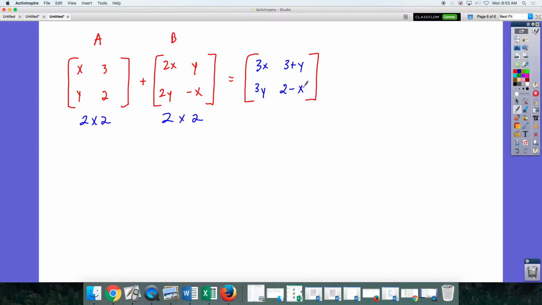Do not write 2 plus negative x. Okay, don't do that. That's 2 minus x. All right, it's 2 minus x. And that's as difficult as these problems can get. That right there. So if you can understand that, there shouldn't be an addition or subtraction problem that trips you up. Any questions about addition or subtraction? Everybody good on that? All right.